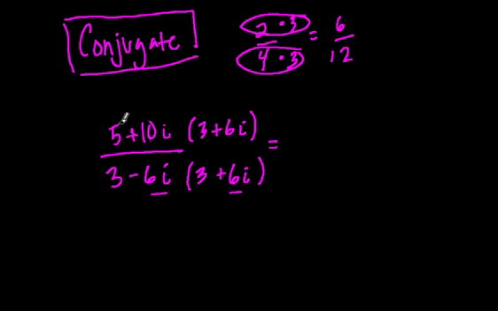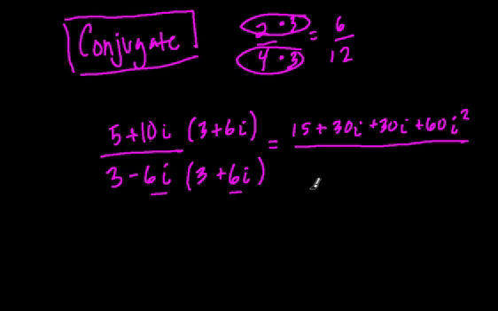So in our numerator, we use our rules for multiplication. 5 times 3, we're distributing, is 15. Plus 5 times 6i, which is 30i. Plus 10i times 3, which is another 30i. And then plus 60i squared.